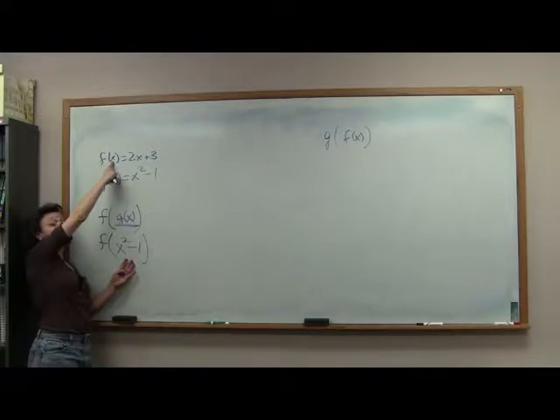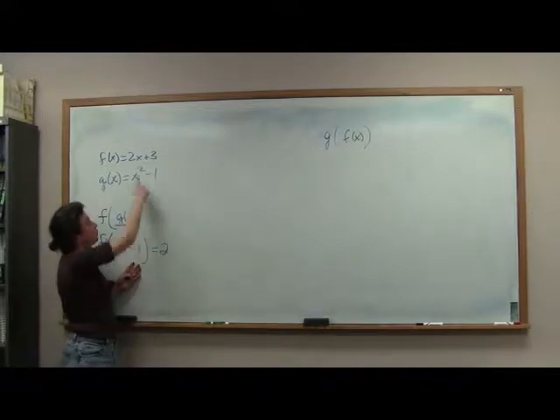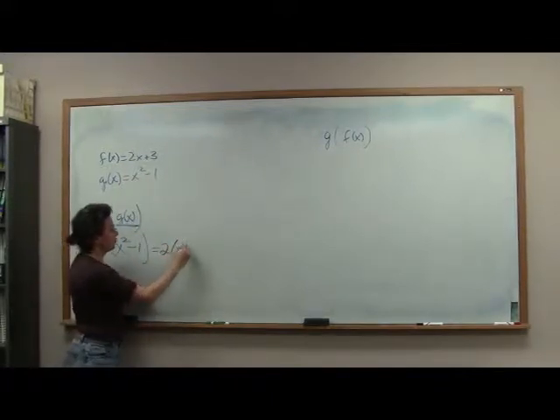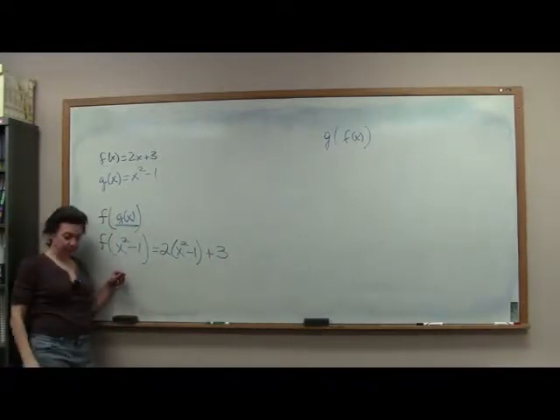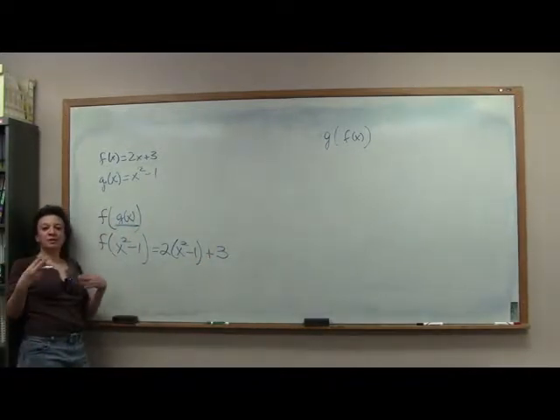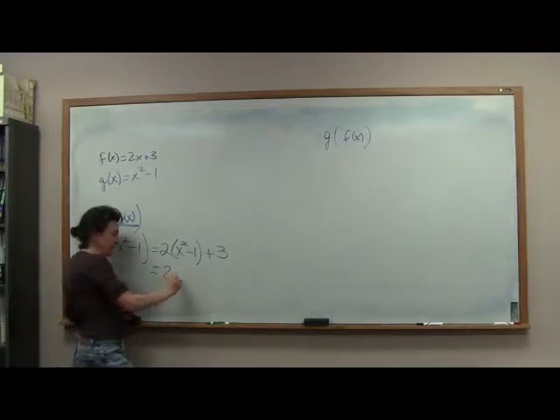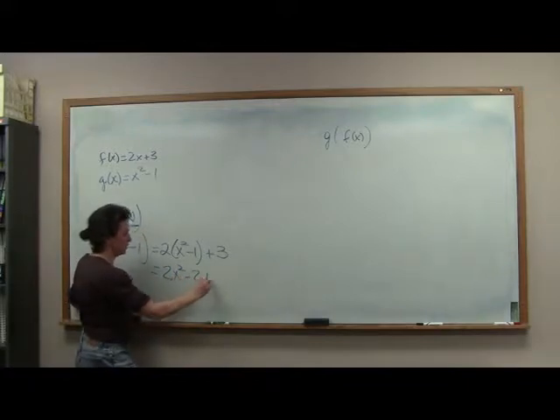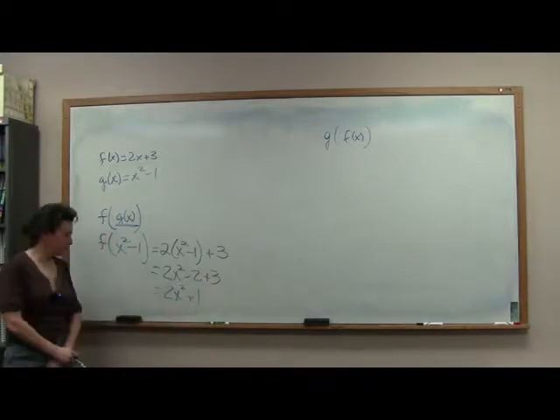Everywhere where we see an x in our function f, we're going to plug in x squared minus 1. So 2, we see an x, we plug in x squared minus 1, and then plus 3. This is why we were playing with plugging in values so much earlier on. All right, well, we can simplify this, distribute our 2, and then combine like terms, and we're going to get 2x squared plus 1.